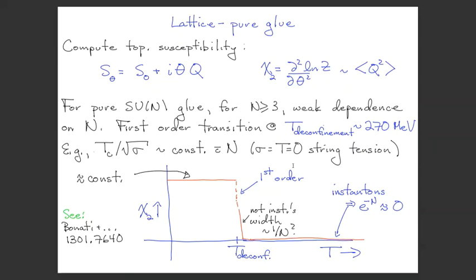It appears to be very small in the deconfined phase, and so dominated by instantons there. And there, it's a first order transition, so this is going to drop.